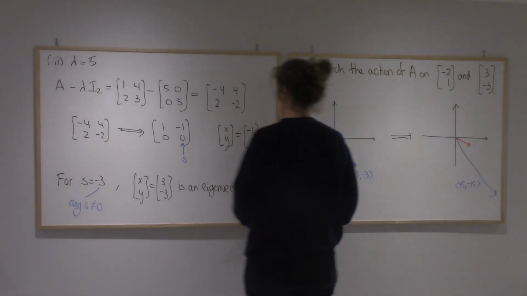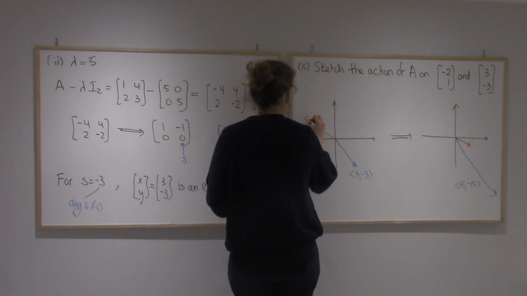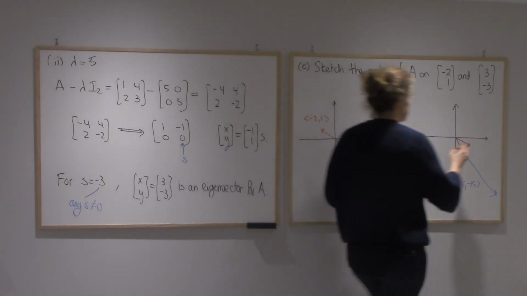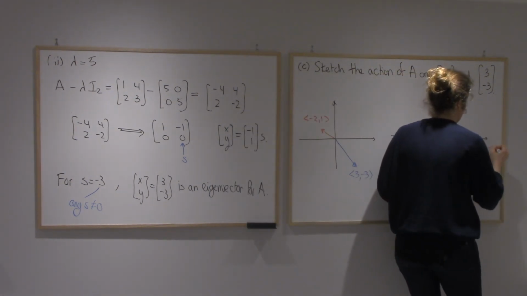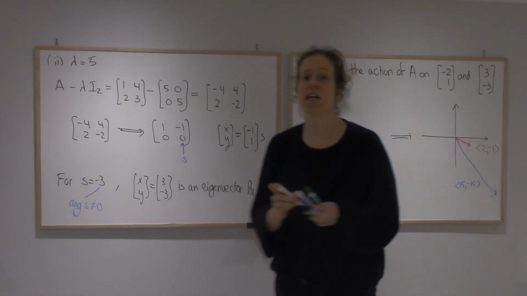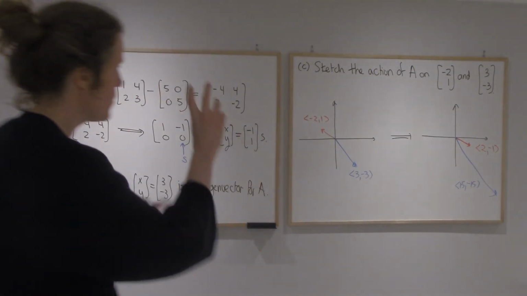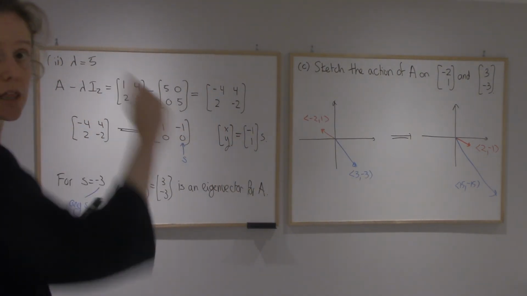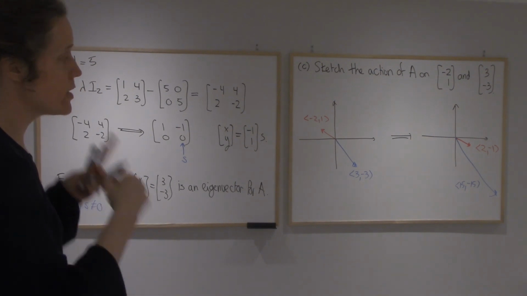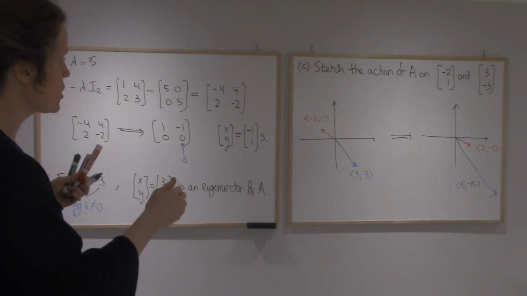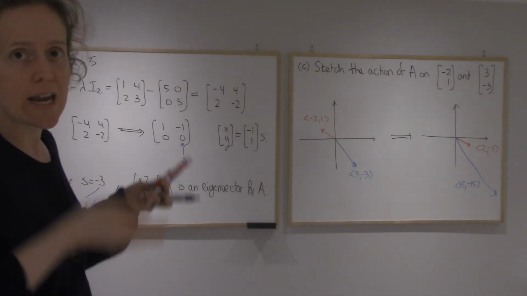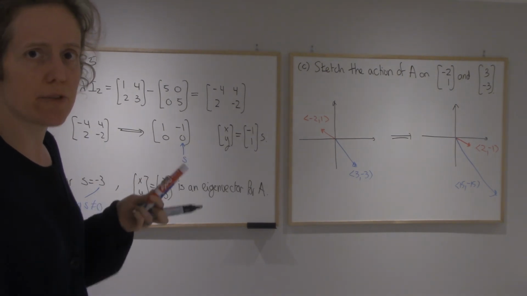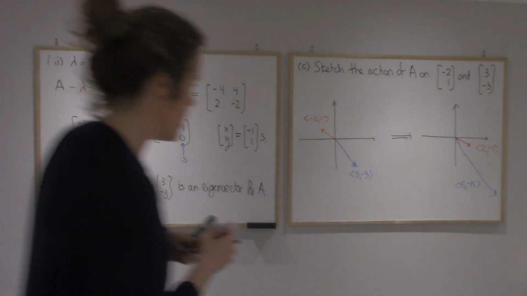And this one was (-2, 1), and it's sent to (2, -1). Alright, so that tells you what the entire plane does. The line in the direction of (-3, 3) is stretched. The line in the direction of (-2, 1) is flipped. And everything else is a combination of a flip and a stretching.